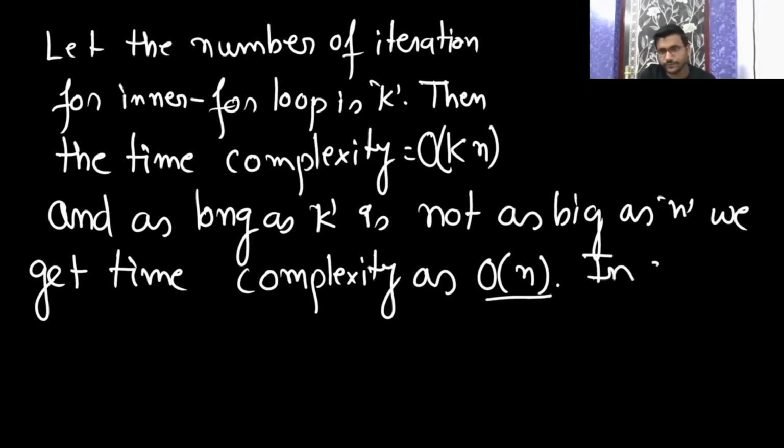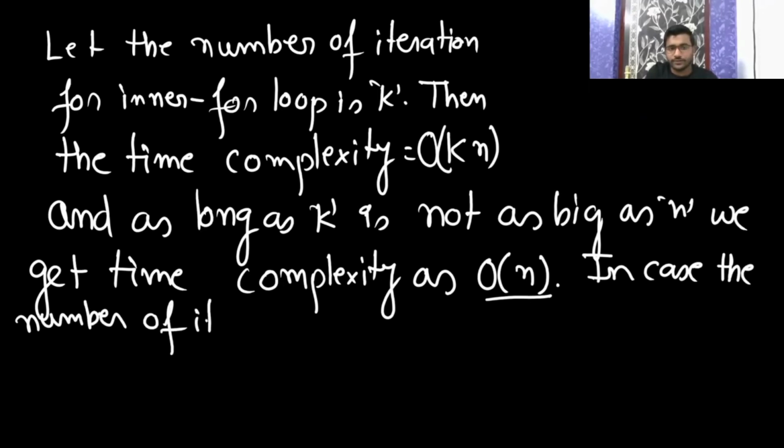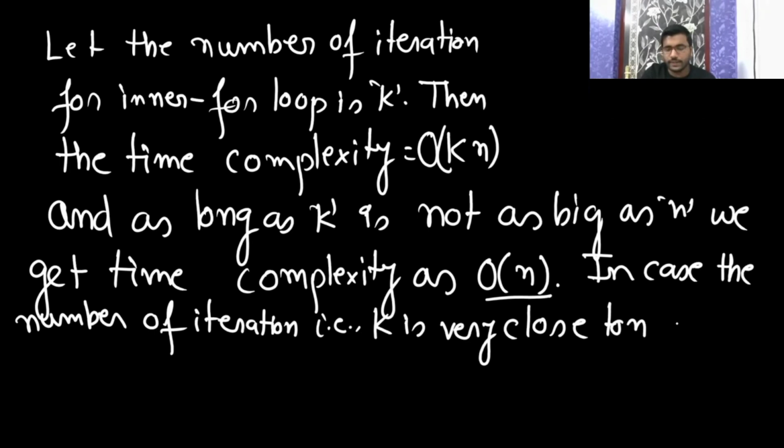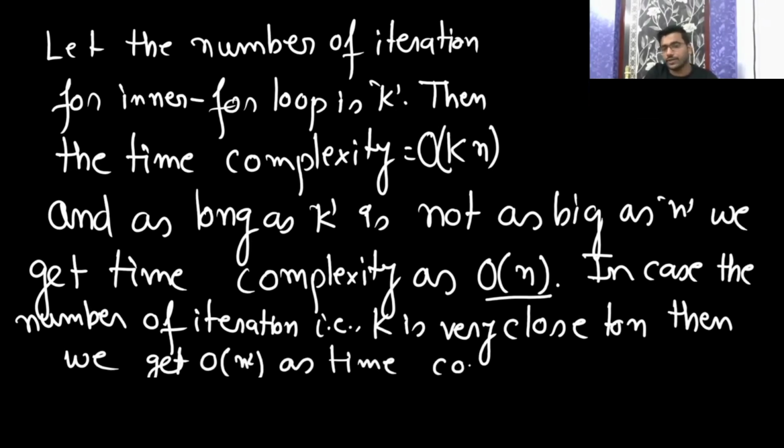In case the number of iterations, that is k, is very close to n, then we get big O of n square as the time complexity.